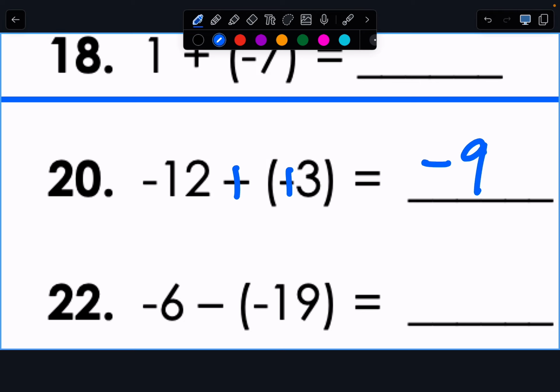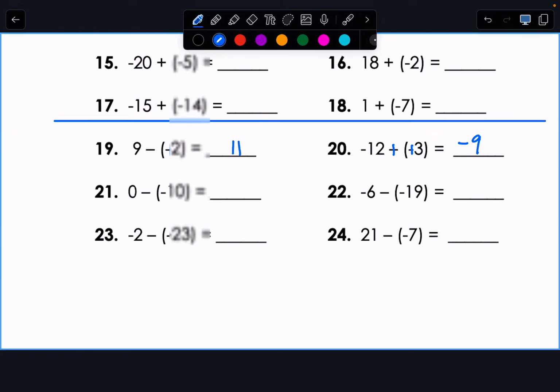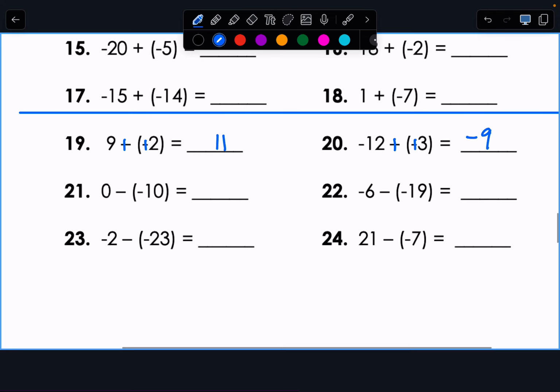All right. Those 4. Do them. Compare answers. Go.